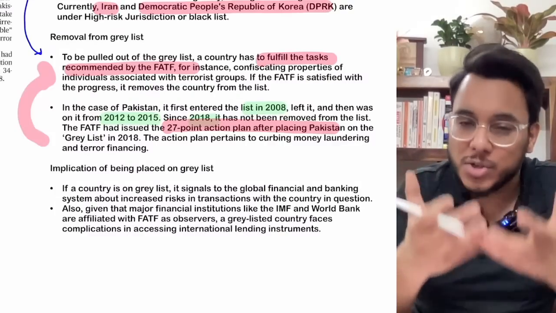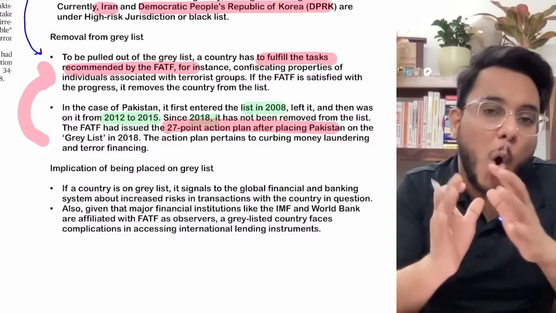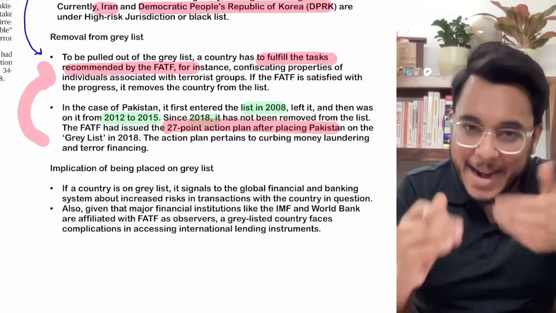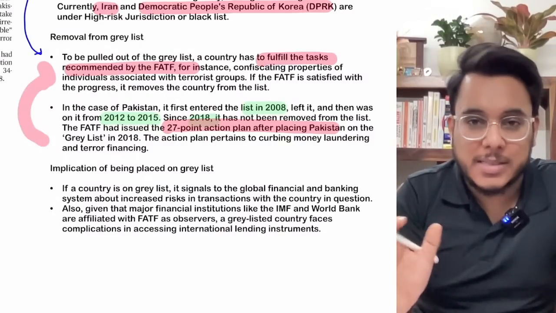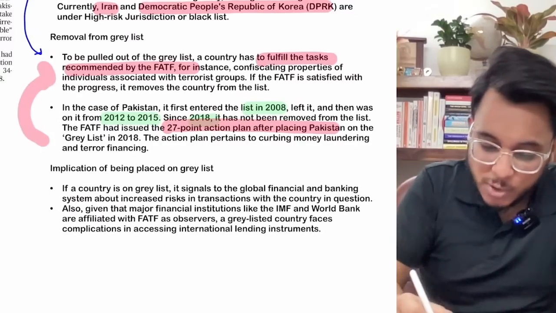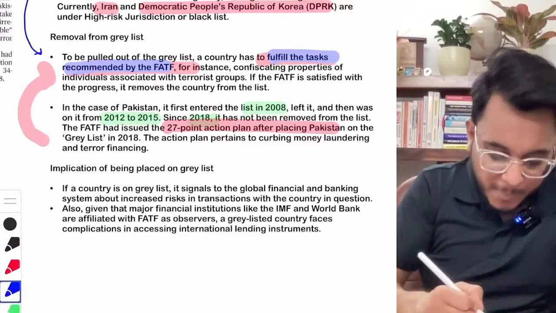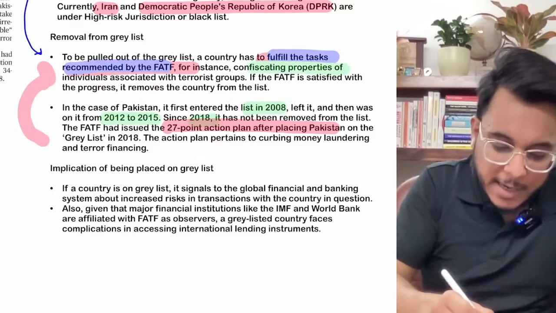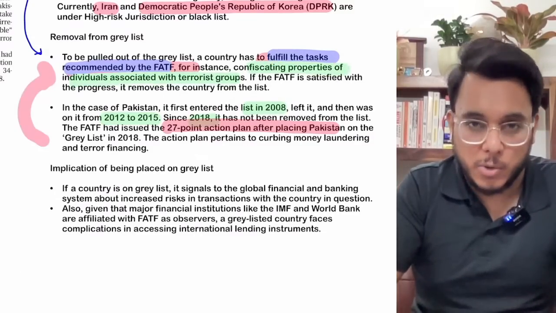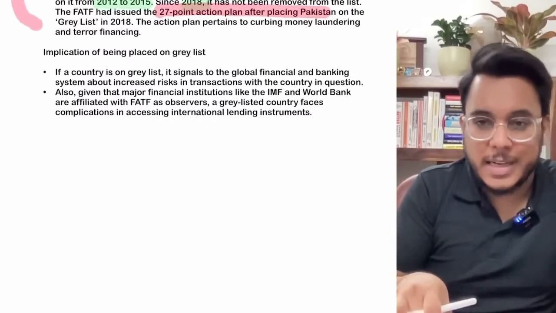Now, Pakistan was trying to do compliances, and in 2022, all those compliances got completed, and because of that, Pakistan has now been removed. So I told you that if a country wants to get removed, it has to fulfill all the tasks recommended by FATF. For example, confiscating the properties of individuals who are associated with terrorist groups. Okay, then the FATF can remove that country.